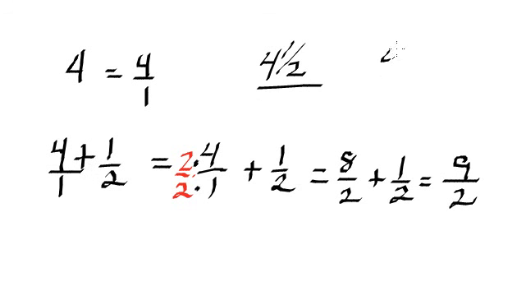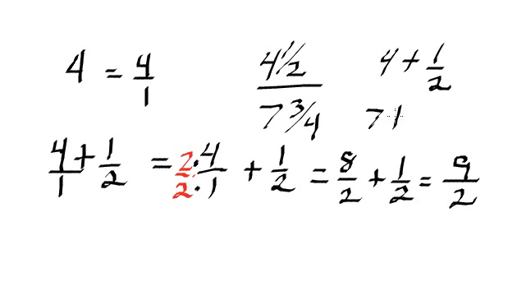We would write 4 plus a half, and then of course get a common denominator like we did here, and then go through these following steps. So if I were to write 7 and 3/4, you would say 7 plus 3/4, and you would go through these exact same steps, writing a 1 under the 7 here, and then multiplying 4 over 4.